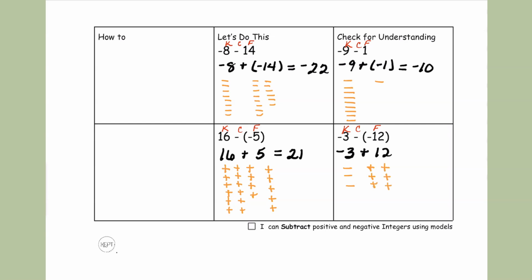Well, in this case, you can see once I draw them out that there are 12 positives. So there are more positives than there are negatives. I always remember that one negative and one positive cancel out and give me a value of 0. And what am I left with? 9 positives. So if you feel like you can subtract positive and negative integers using models, go ahead and check.